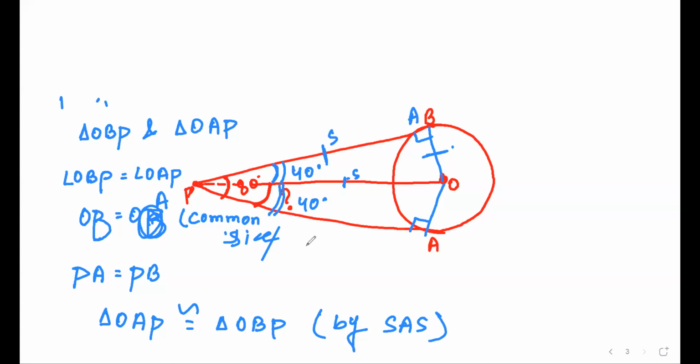Now what we have to find over here is angle POA. If we focus on triangle OPA and take the angle sum property of a triangle, can we say one is 90, another is 40, then this angle we will easily get, right?